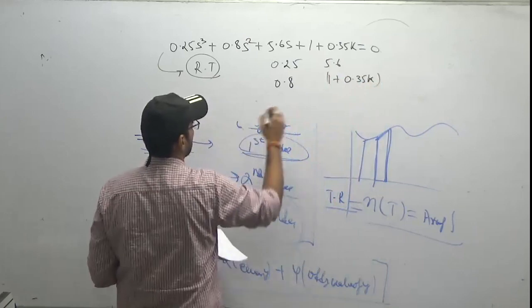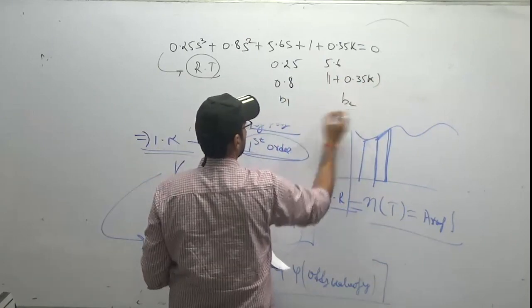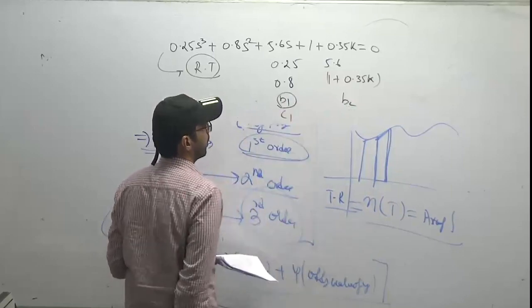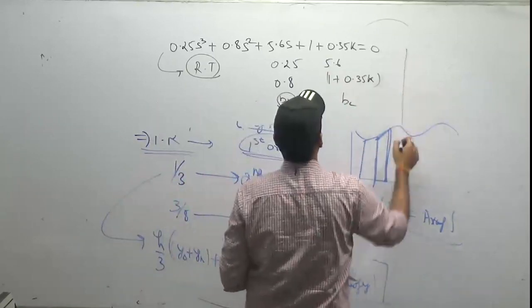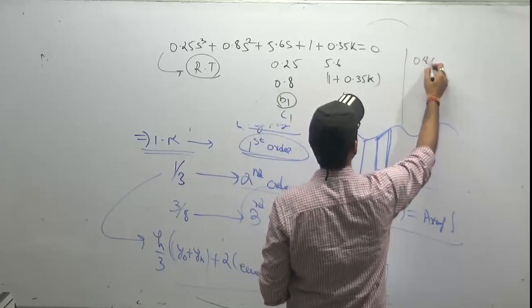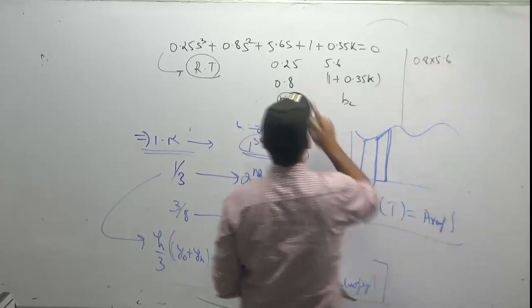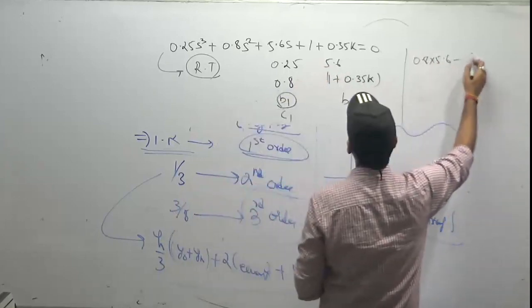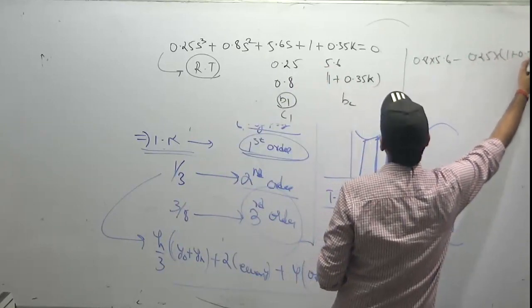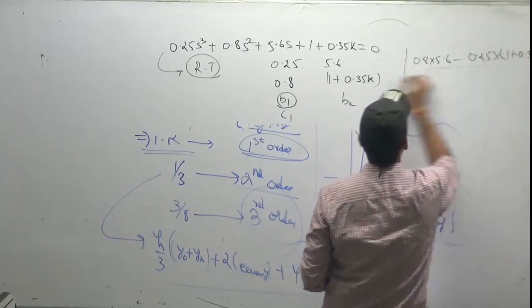Now this row is B1, B2, C1. First calculate the value of B1. What is the value of B1 here? 0.8 into 5.6 minus 0.25 into 1 plus 0.35 k, divided by what?